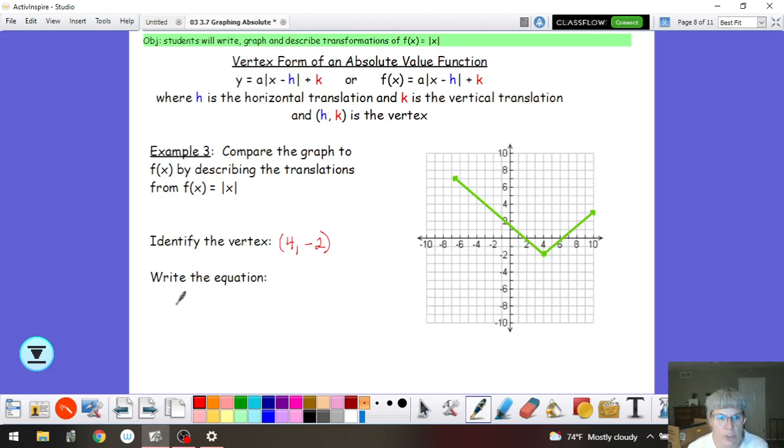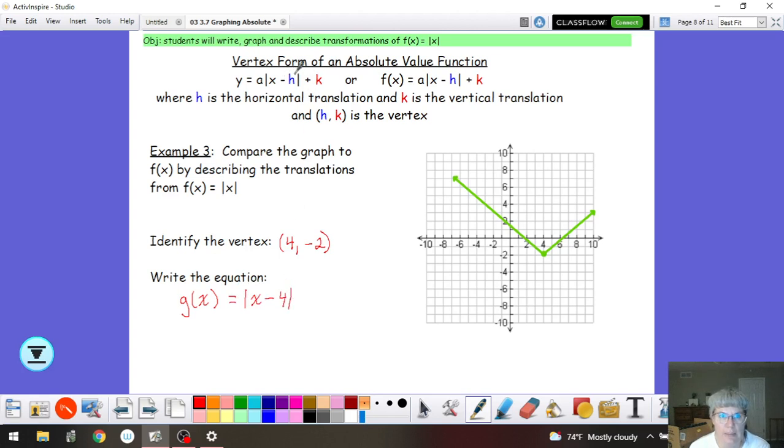So the equation will be, let's just call it g of x to separate it from the parent function. So g of x equals the absolute value of x minus 4.